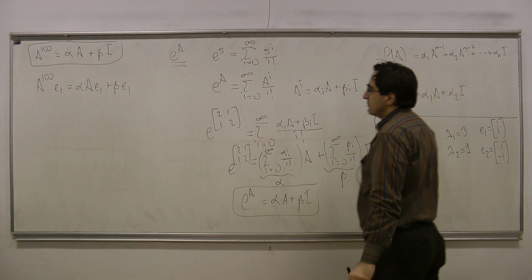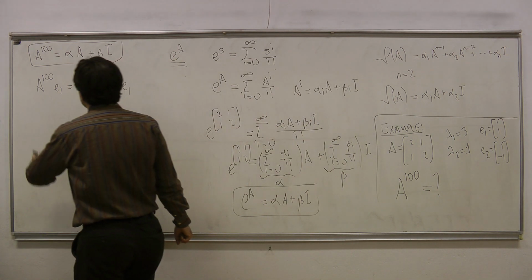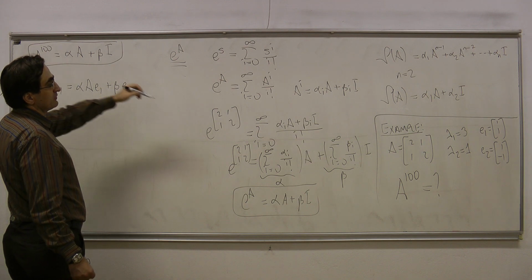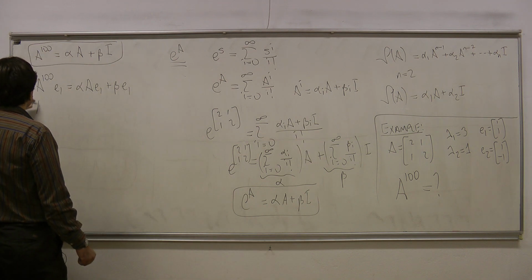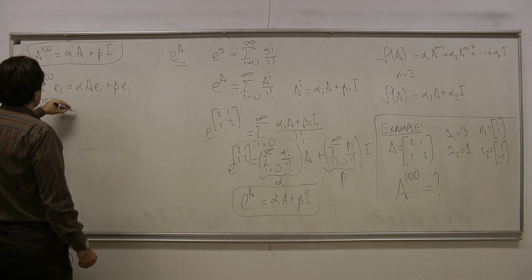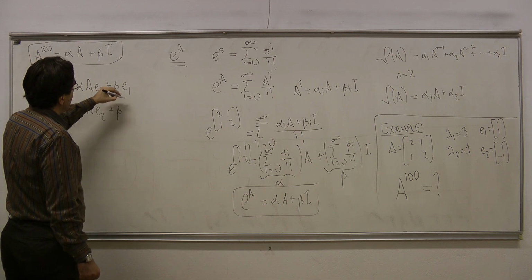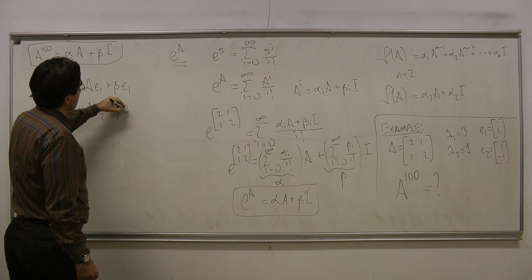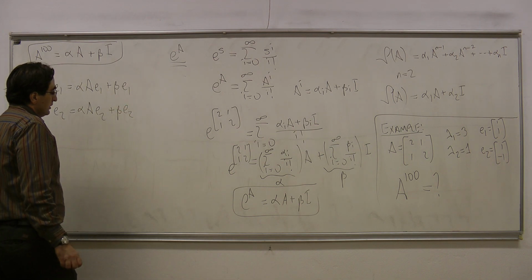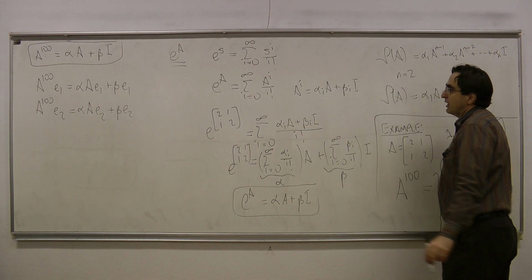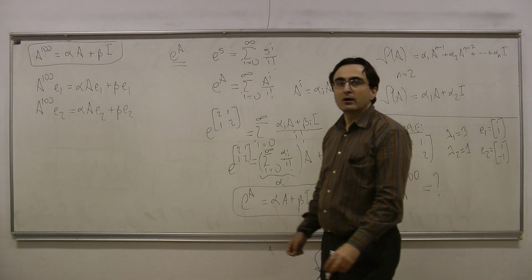So this is going to be my first equation, and the second equation is going to be, I will multiply both sides of this equation with the second eigenvector. A to the 100 E2 is equal to alpha A E2 plus beta identity E2, which is E2 itself. Okay? Then these two equations are going to give me a means to calculate what alpha and beta are. All right?